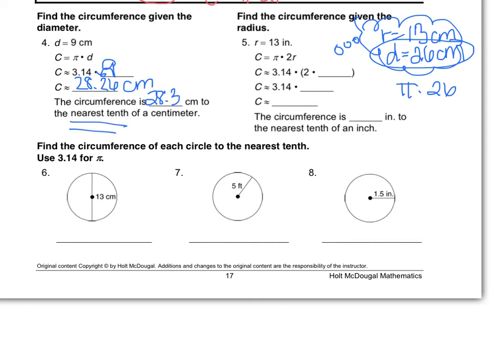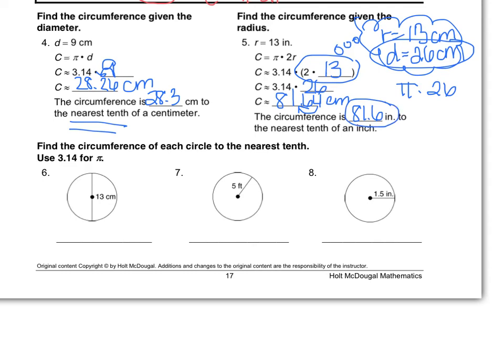That would be 3.14 times 2 times 13. When we do this part first, 2 times 13 is 26. That's where the 3.14 times 26 comes in. Type that into your calculator and you get 81 and 64 hundredths centimeters. Rounded to the nearest tenth, that 4 does not have enough power to bump the 6 up, so your answer is 81 and 6/10 centimeters.